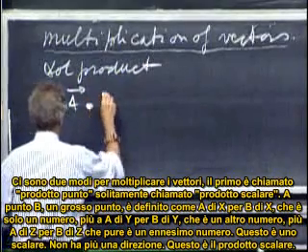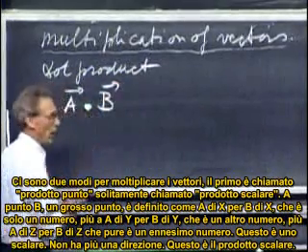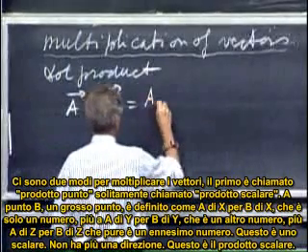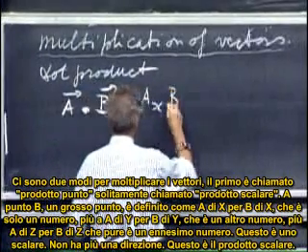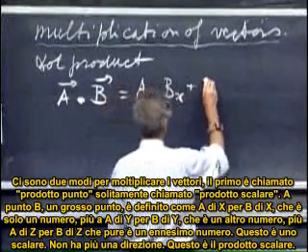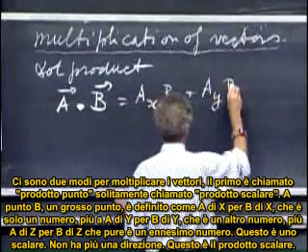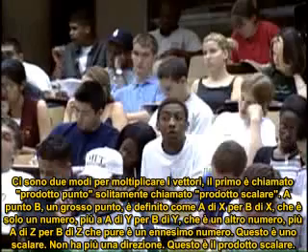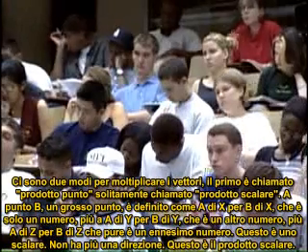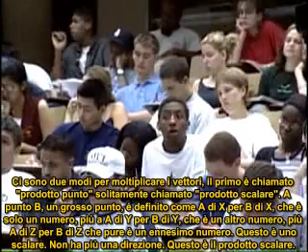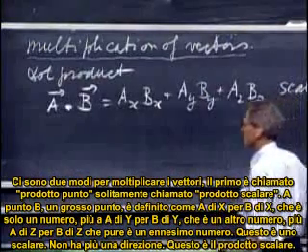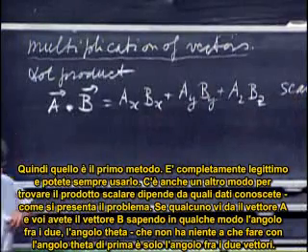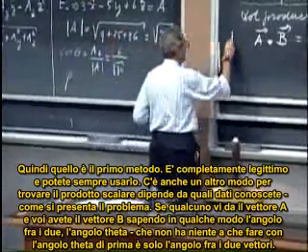A dot B. And that's defined as A of x times B of x, just a number, plus A of y times B of y, that's another number, plus A of z times B of z, that's another number. It is a scalar. It has no longer a direction. That is the dot product. So that's method number one. That's completely legitimate, and you can always use that.